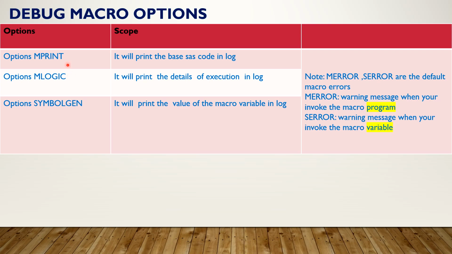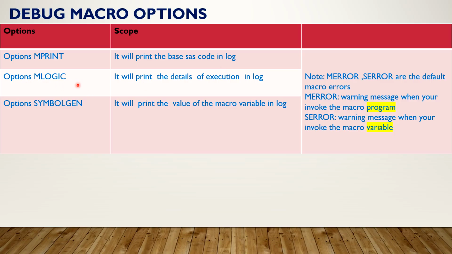So last topic, debug macro options. While writing the macro programming, if you get an error, we need to debug the program, right? For that we have three options. One is option mprint, option mlogic, and option symbolgen. If you use option mprint, it will print the base SAS code in the log window.